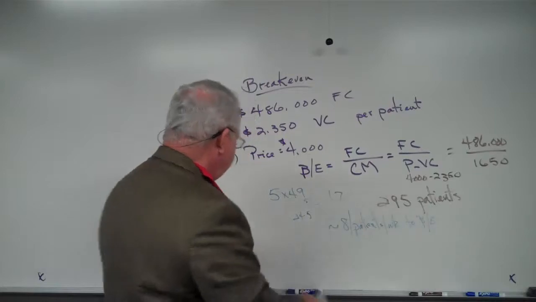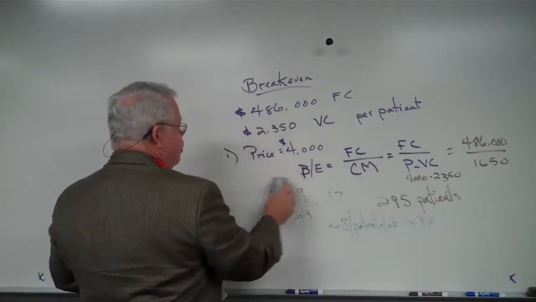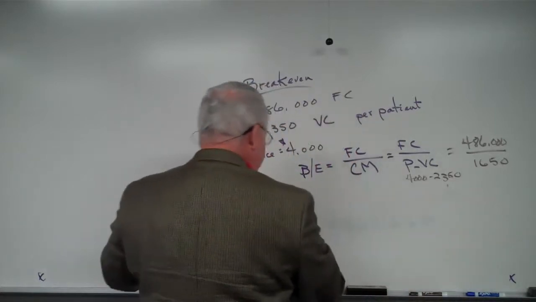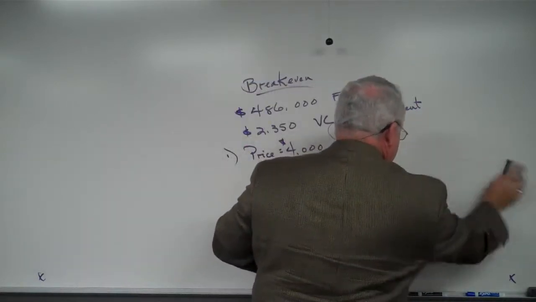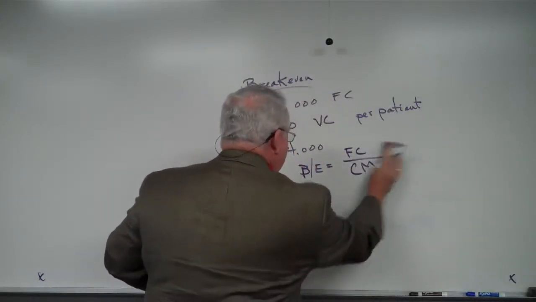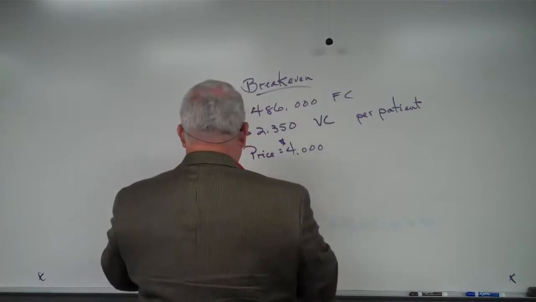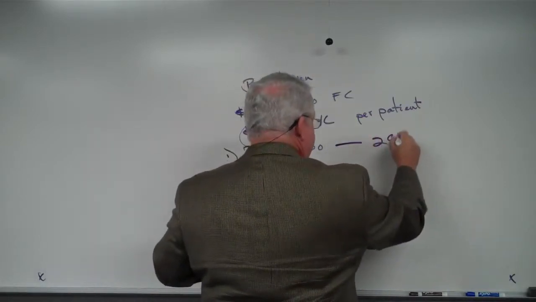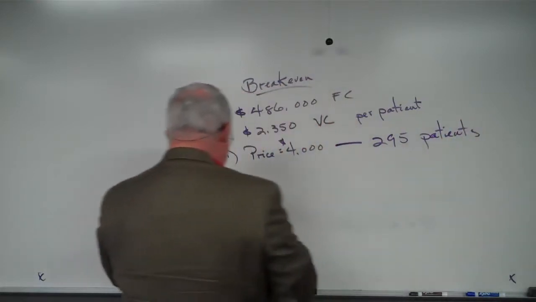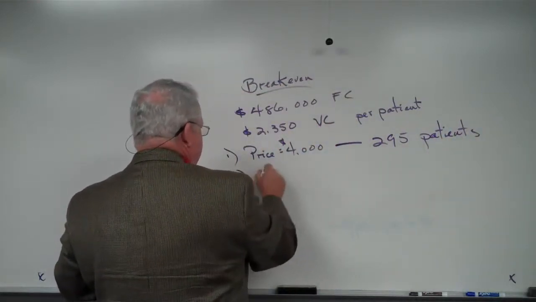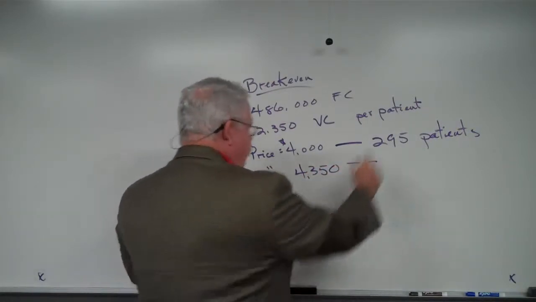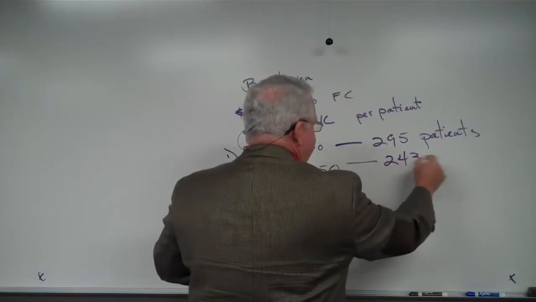This problem says, what if instead of the initial data, let's keep that handy, at $4,000, we needed 295 patients. And then we said, well, if we change the price to $4,350 per patient, our break-even would drop to 243.